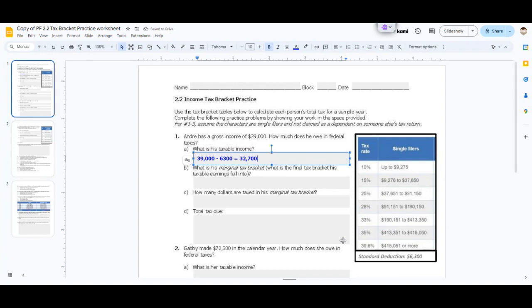All right. So even though he earned 39,000, he's able to take that deduction as tax-free money because the government realizes that we all have certain tax exempt expenses: spending on healthcare, spending on charitable giving, spending on maybe student tuition repayments, and so on.